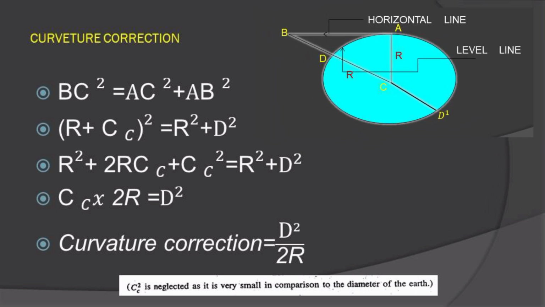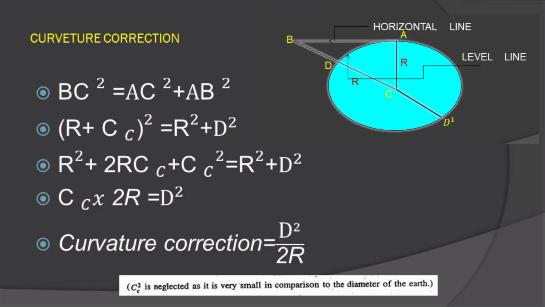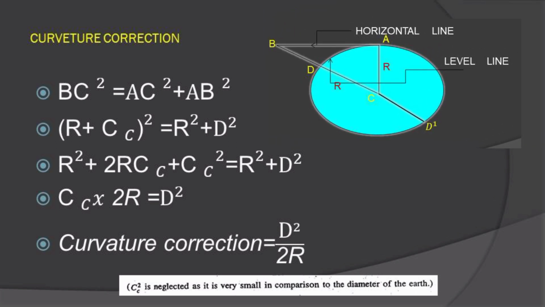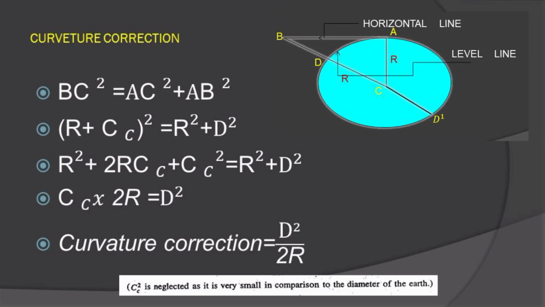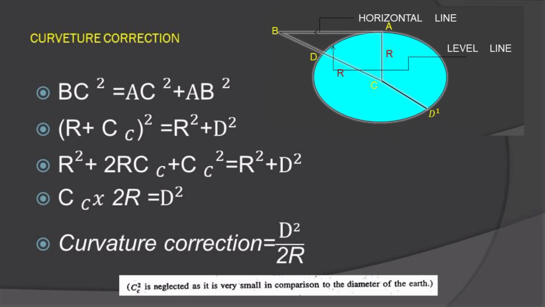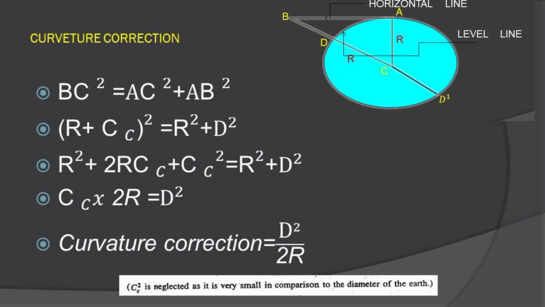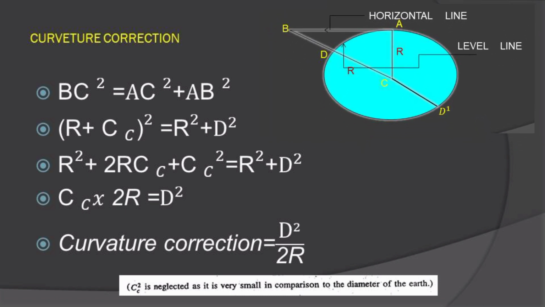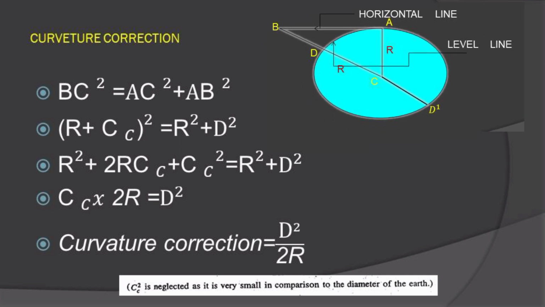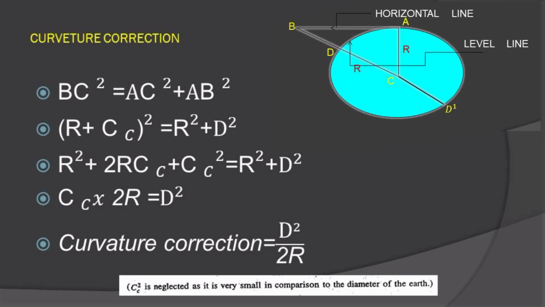So CC, that is the distance, so R plus CC squared is equals to AC is also a radius, so there we change and that becomes an R. Then AB, we had said AB is equals to the horizontal distance, so that is D squared.